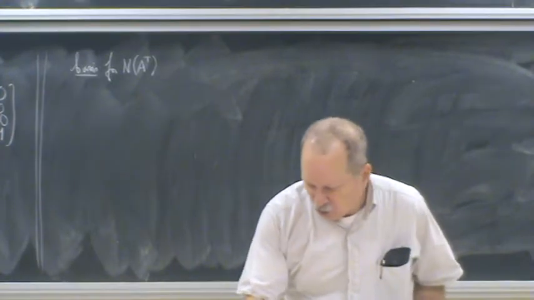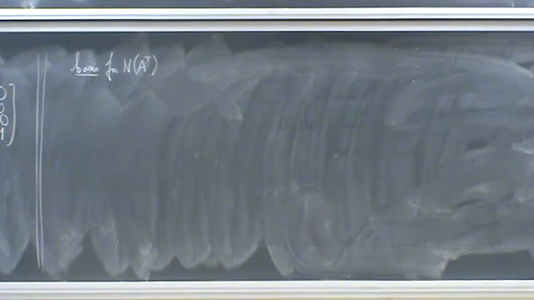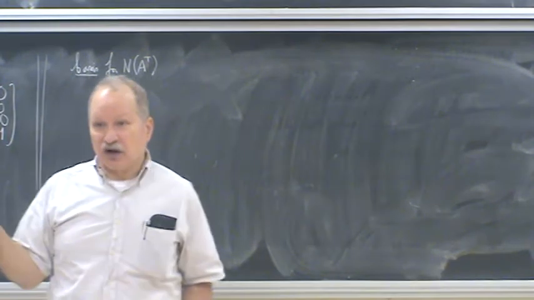So, remember, we're saying vectors in the null space of A are vectors that express what linear combinations of the columns of A give you 0.